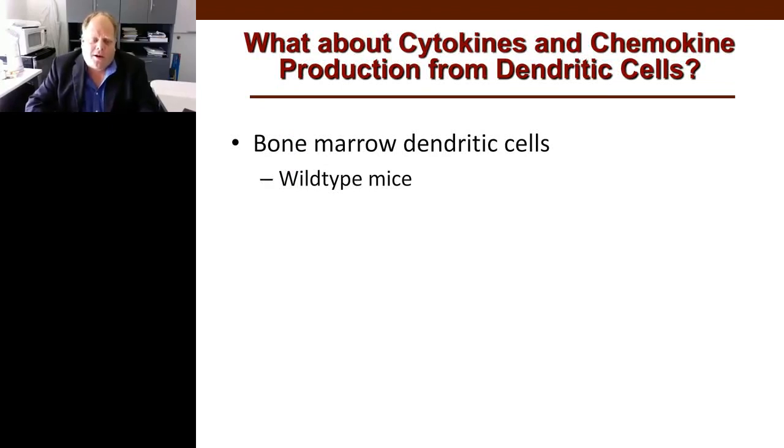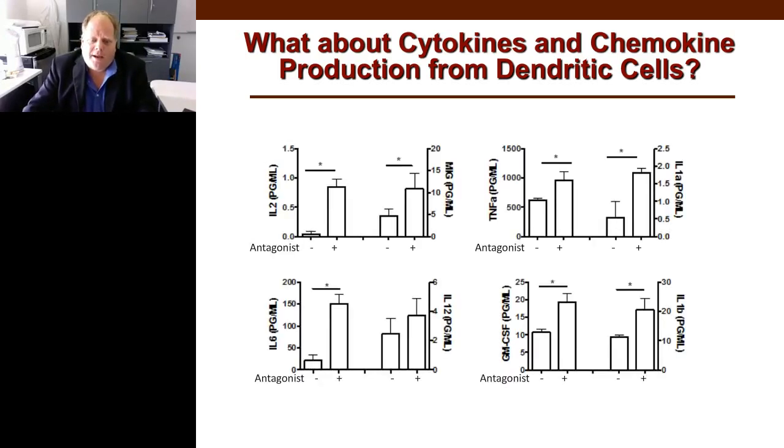So we started asking questions. What are the effects of our CD200 receptor antagonist on bone marrow-derived dendritic cells? So we purified them from wild-type mice, and we just pulsed them with our antagonist alone, and we showed that we got beautiful production of IL-2, MIG, IL-1 alpha, TNF alpha, GM-CSF, IL-1 beta, and other cytokines.